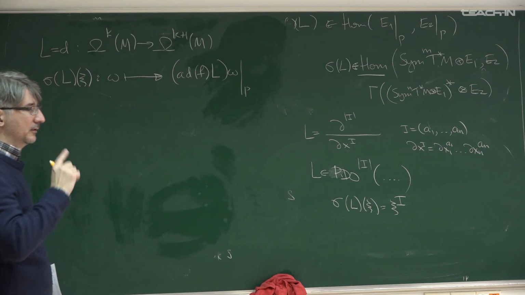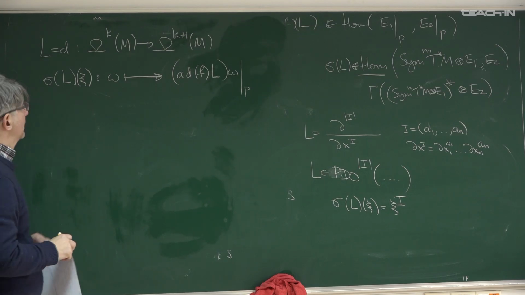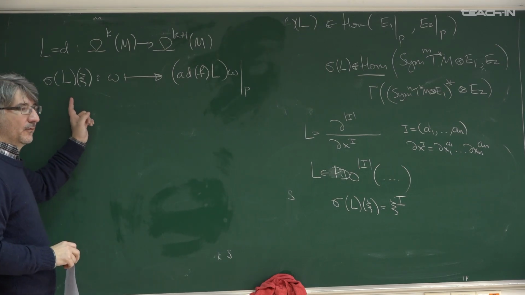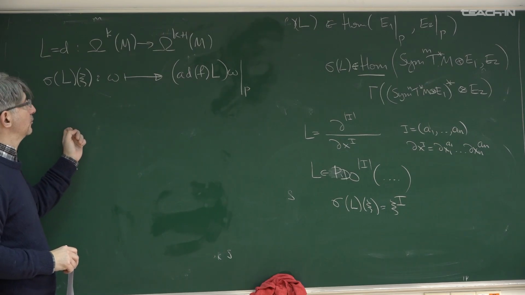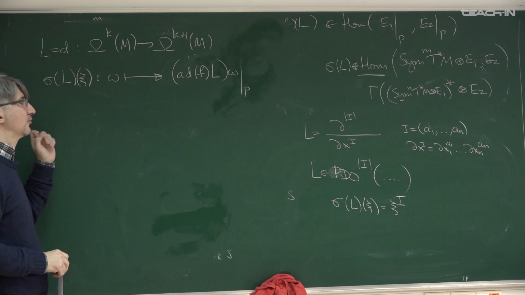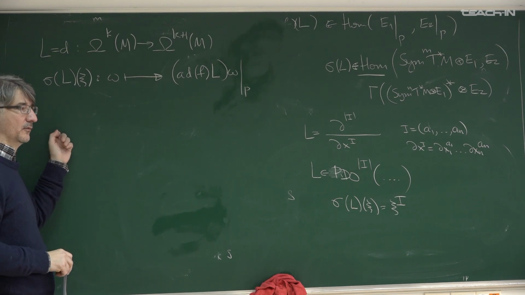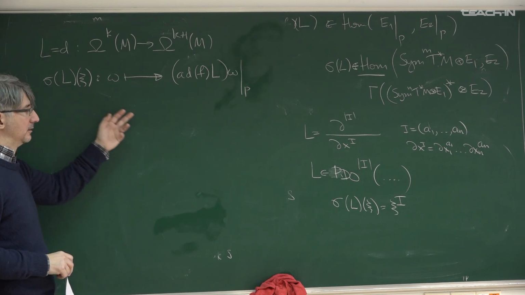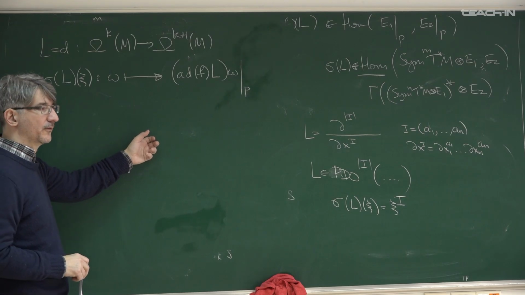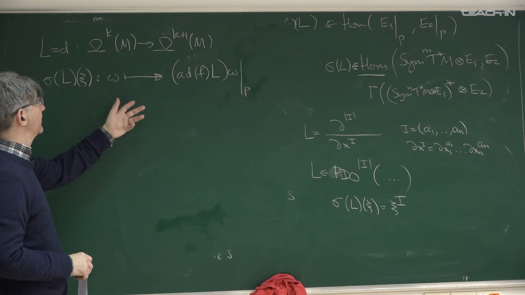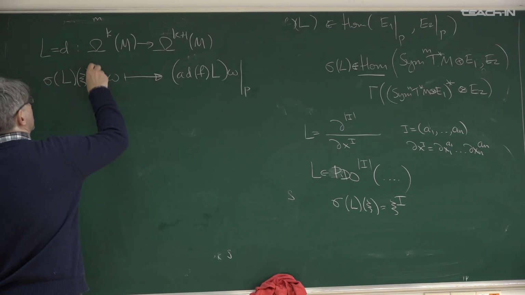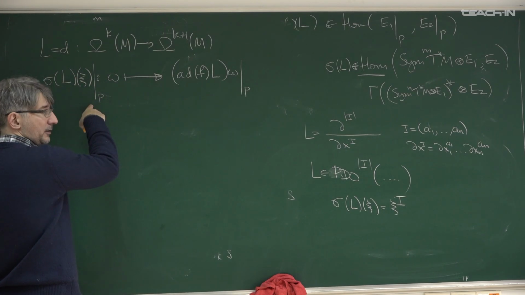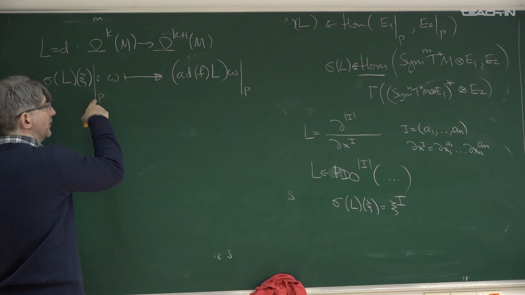So the calculation of the symbol is pointwise. If you want to calculate the symbol at one point, you use the ideal of functions which have zero at this point. If you want to calculate it at some other point, you need to consider functions from another ideal. That's why I wrote here point p, because I calculate the symbol at the point p.